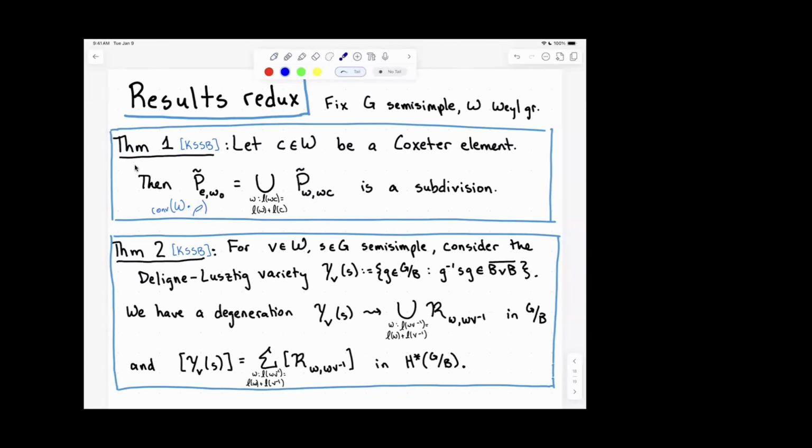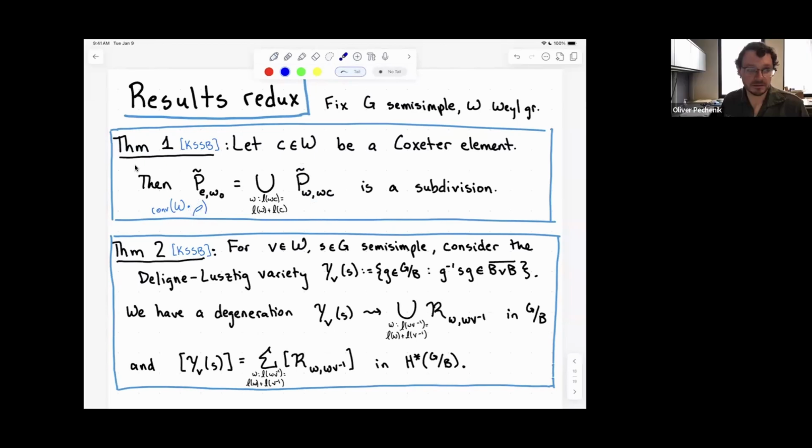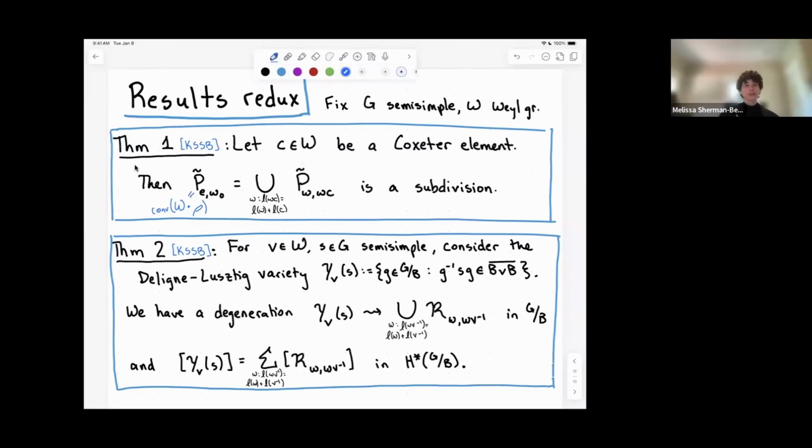Thank you. Do you have a tropical flag variety analog for this part of the story? No. So in general, for type A, I put in regular here, right? But for this part of the story, we don't know regularity in general.